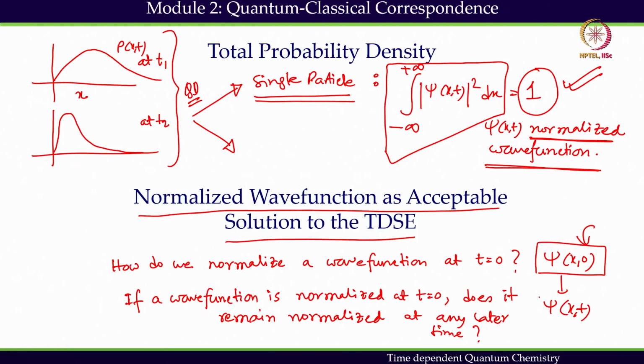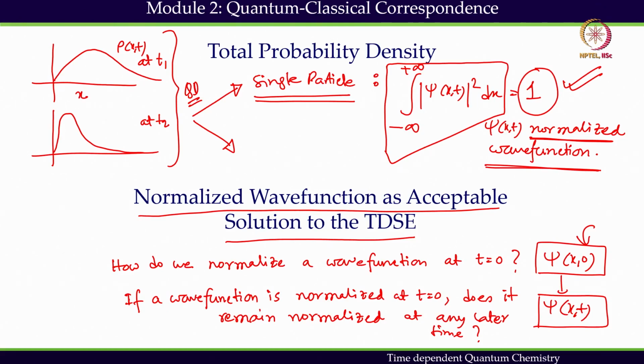And when I am getting the solution, am I still preserving the normalization? Because I have only one particle that is evolving, and if the total probability is changing, then it means that I am creating the particle or destroying the particle, and that is not possible. One particle is evolving through quantum dynamics. So, it has to be always one.